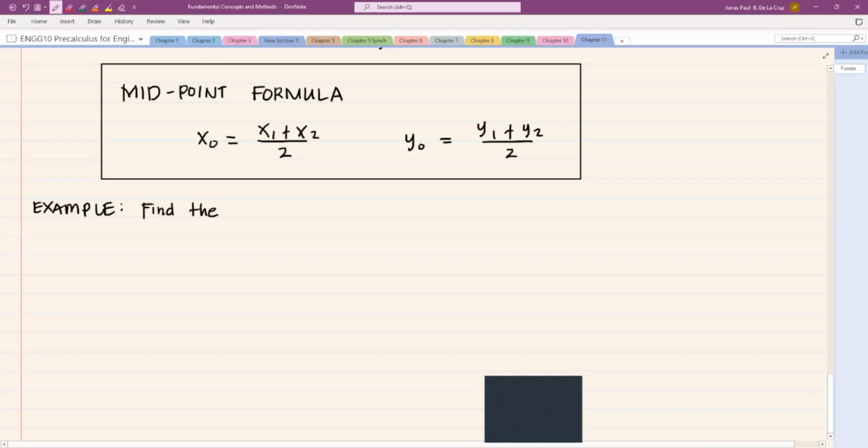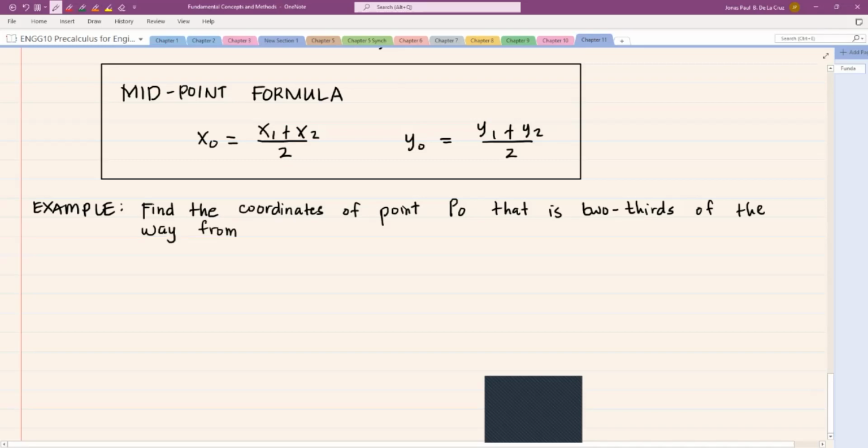Find the coordinates of point PO that is 2/3 of the way from point P1 with coordinates (-2, -1) to P2 with coordinates (3, 2).